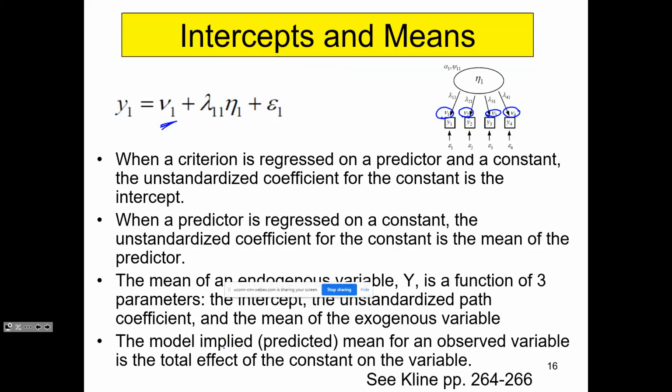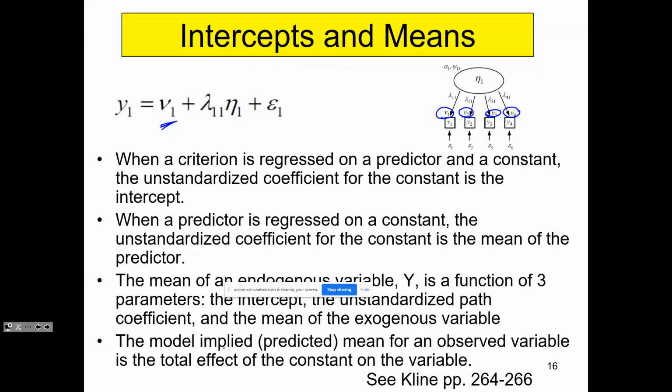The other option is to use what's called a marker intercept strategy. In a marker intercept strategy, we constrain the intercept of whatever was the marker variable. You don't want to mix and match with 2 different variables. So whatever was the marker variable before, if you constrain that loading to be 1, you can constrain the intercept of that variable to be 0.